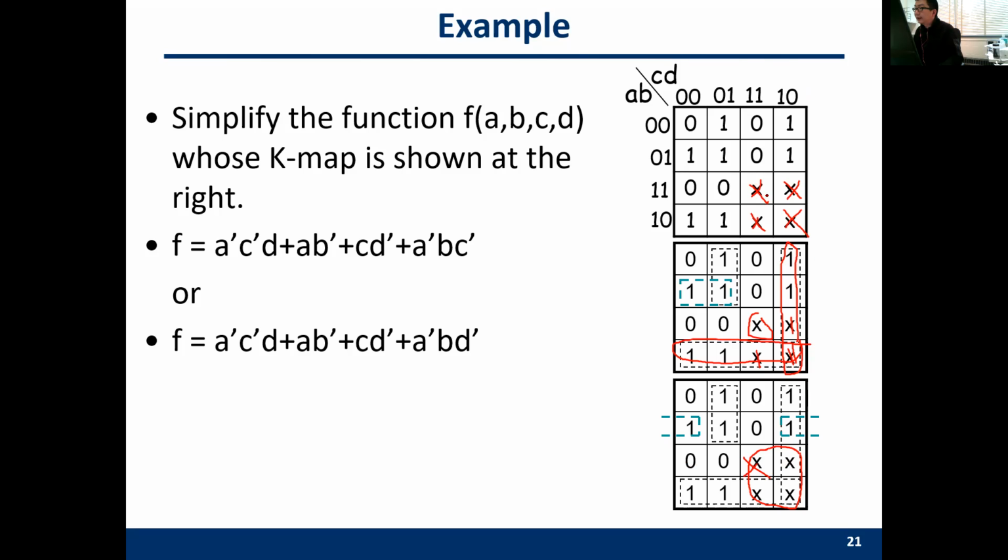If I consider them all as zeros here, it's very difficult to simplify this K-map, because these ones are separated from each other. But if you treat some of them as one, then you can have a very large circle here. But one single circle cannot only have don't cares. That's not right.